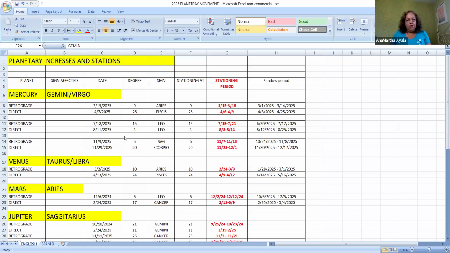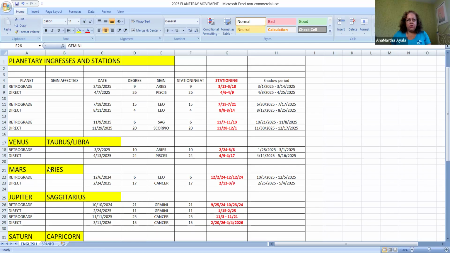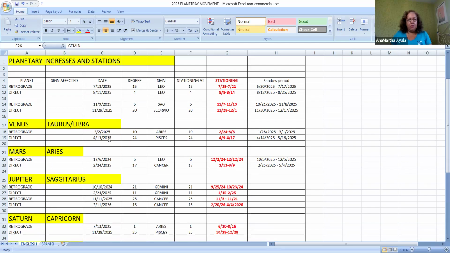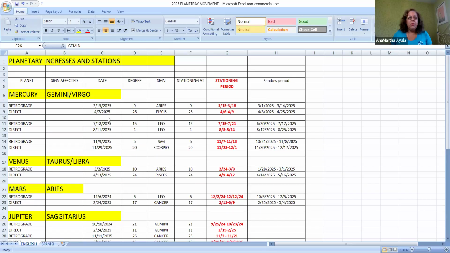Now, for Venus retrograde, Venus is going to retrograde from March 2nd of 2025. And Mercury goes retrograde these two other times, right? July 18th of 2025 at 15 degrees of Leo, and it goes direct August 11th at 4 degrees of Leo.